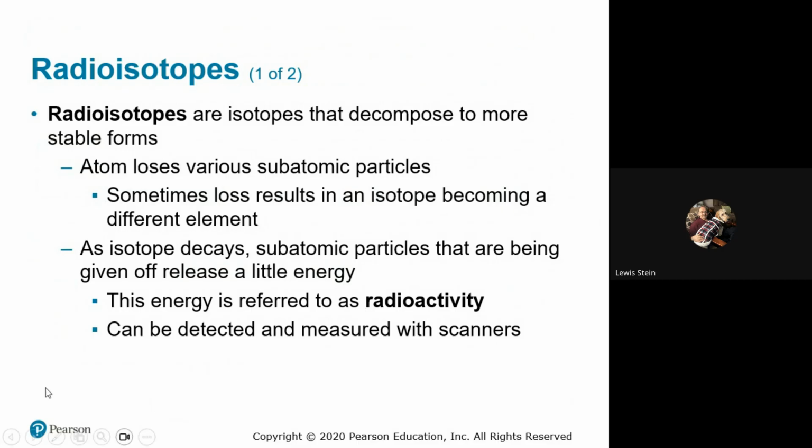Okay. And so we can detect it now. We utilize something that's a more sophisticated approach called a scanner. And you'll hear all about that, particularly those of you who might be heading toward nuclear medicine and some of the health-related field side or health science majors, you're going to become very, very acquainted with that. Okay.